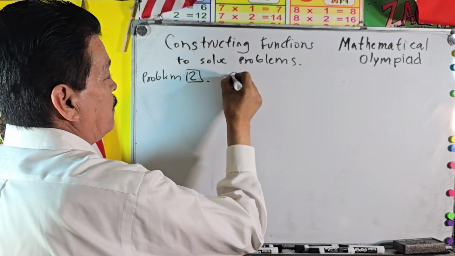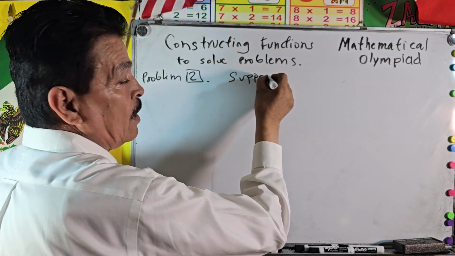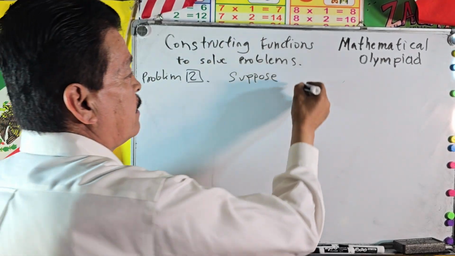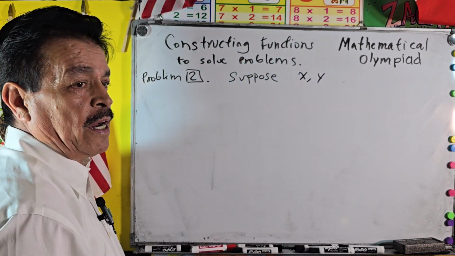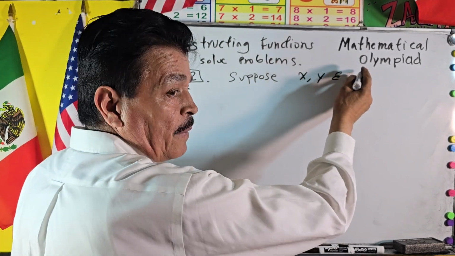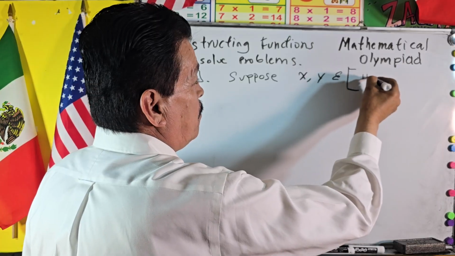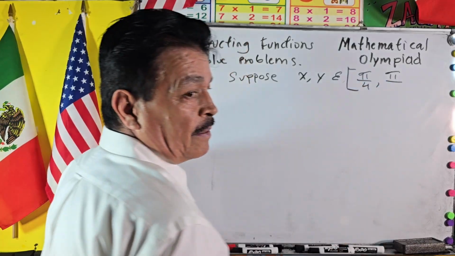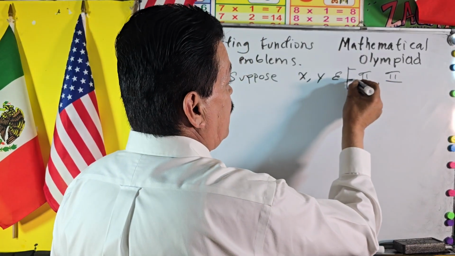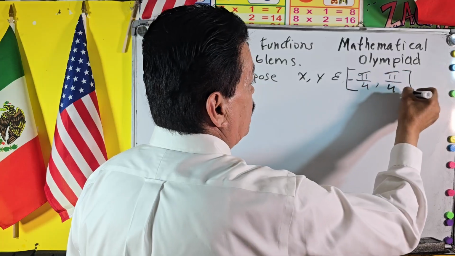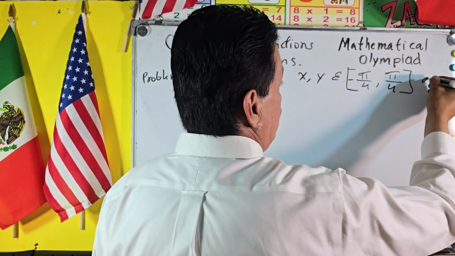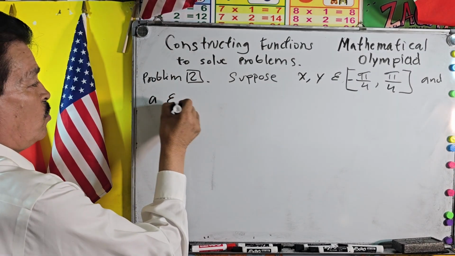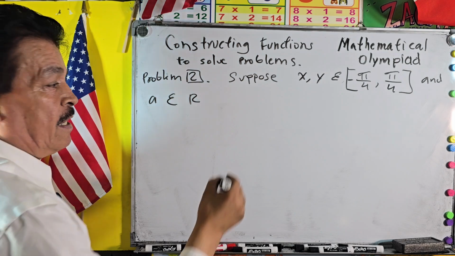Let's write this problem. Suppose x, y belong to the interval from negative pi divided by 4 to positive pi divided by 4, and of course a belongs to the real numbers.